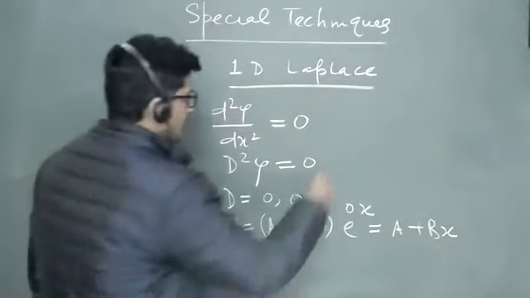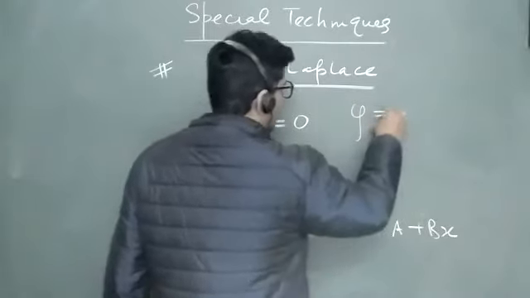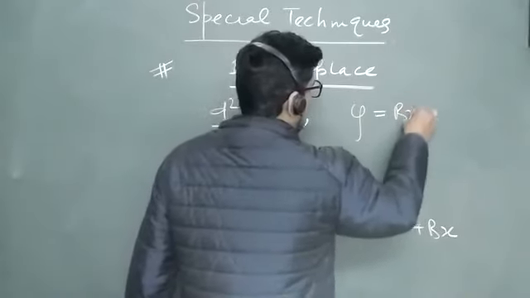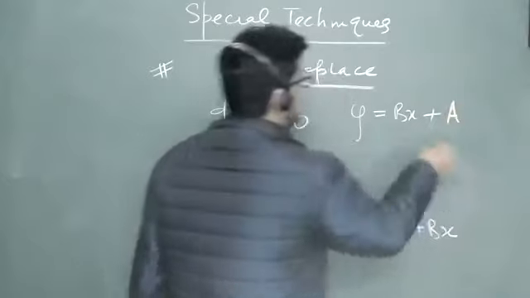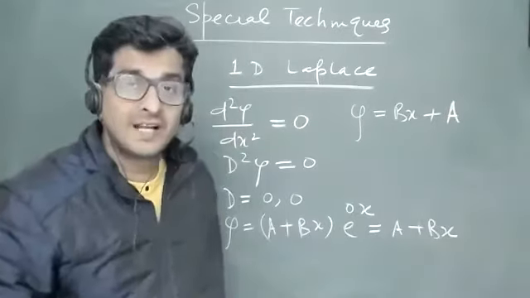Now look, you got φ = bx + a, like y = mx + c is the equation of a straight line.